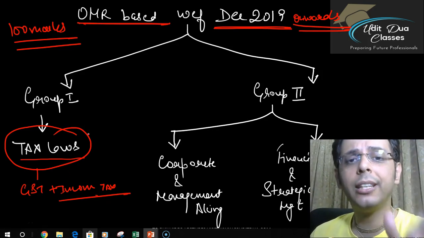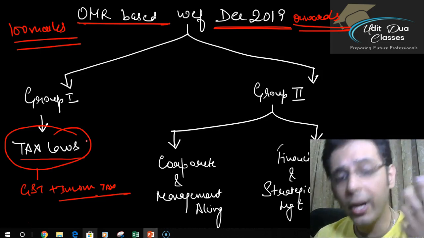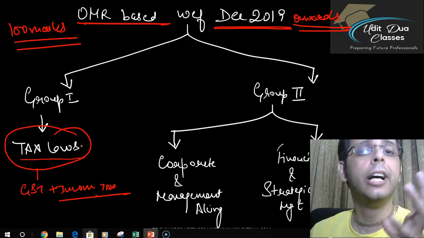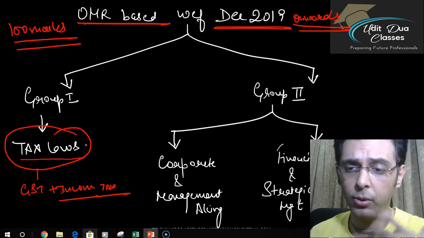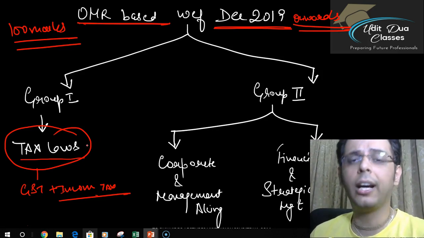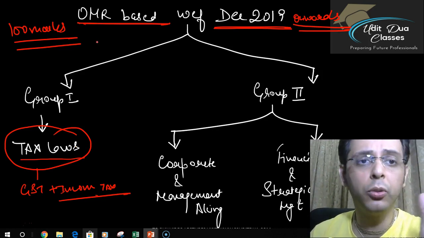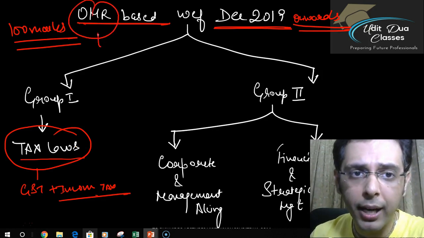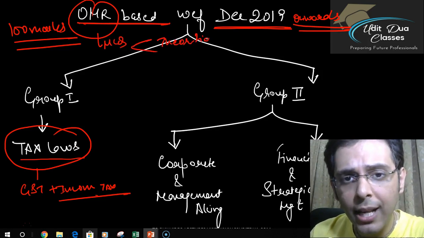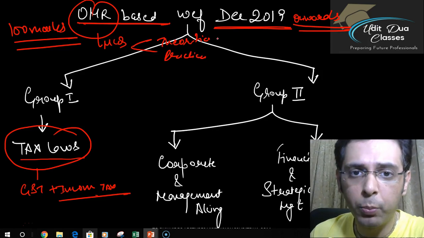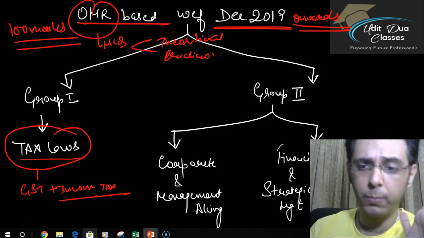So what advantage am I talking about? You know what kind of questions the institute frames in tax law, what kind of practical and theory questions come. MCQs in OMR will be theoretical as well as practical. You have to prepare both.